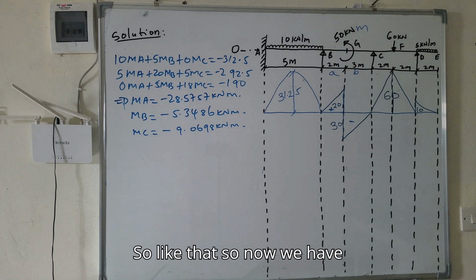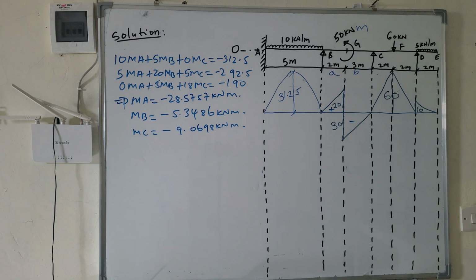So now we have our values for MA, MB, and MC. The next thing to do is to start calculating our reactions. Let's now calculate our reactions.